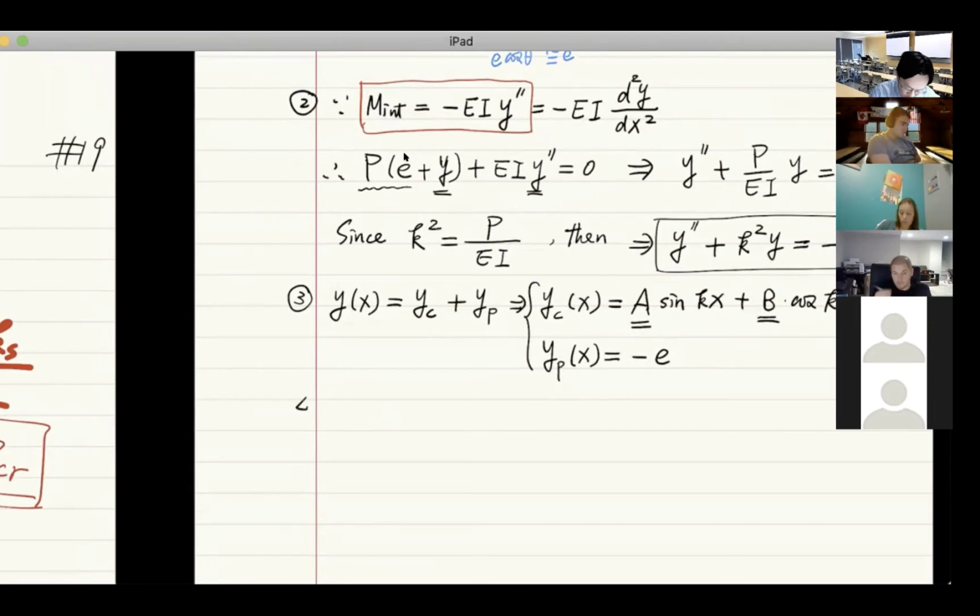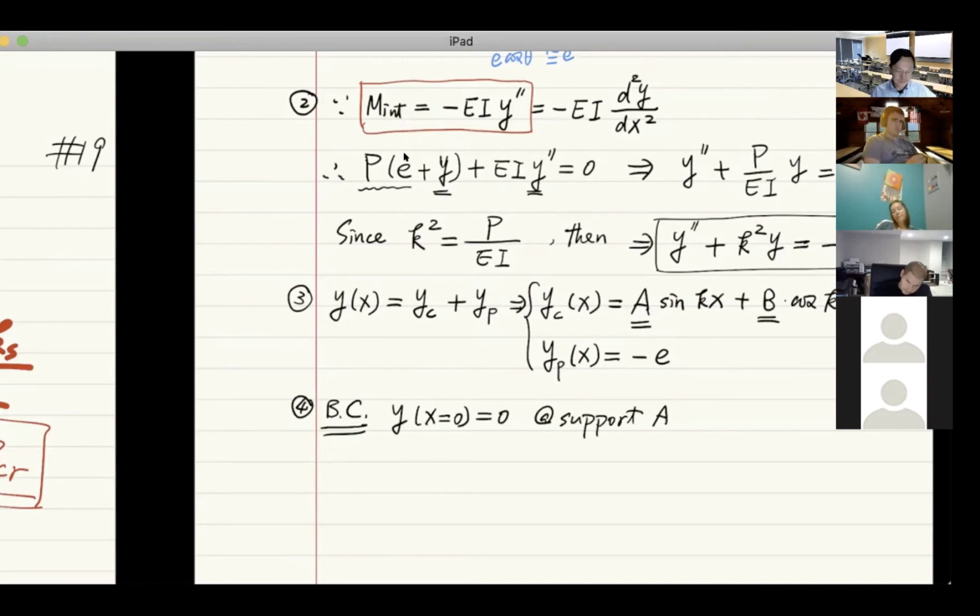And step 4, so let's solve for it. Boundary conditions. The first one we know is when x is 0, y is 0. So this is basically to state the boundary condition at support A. And we also know that at support B, what do we have?